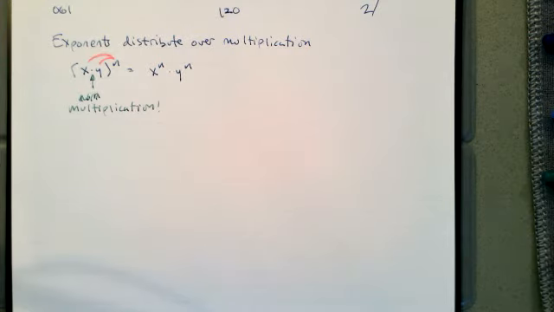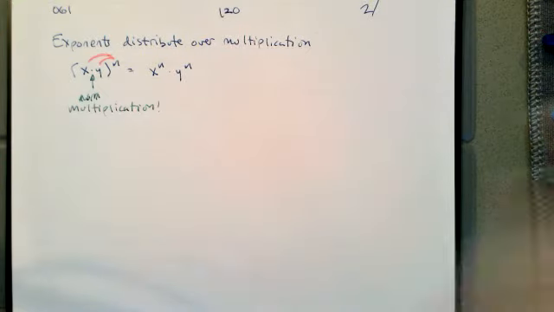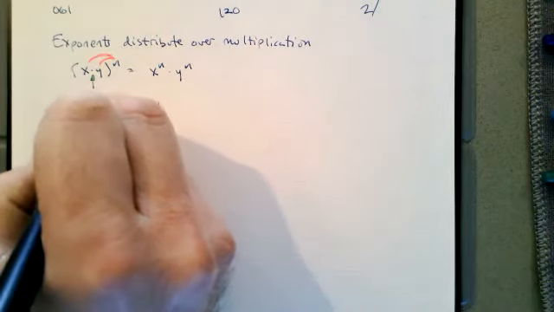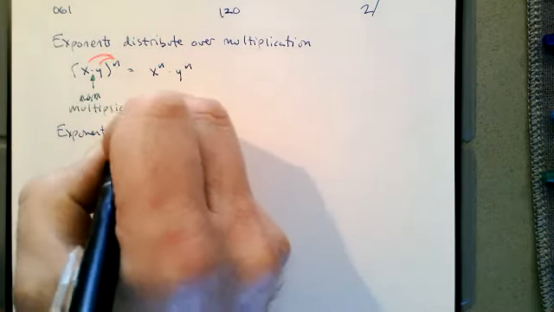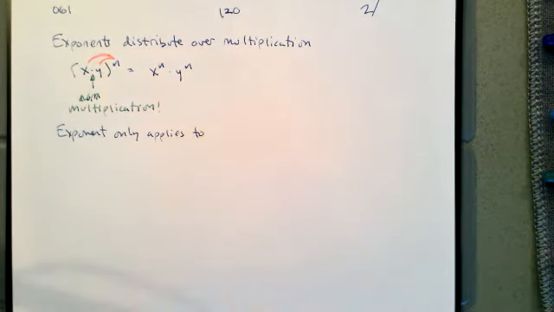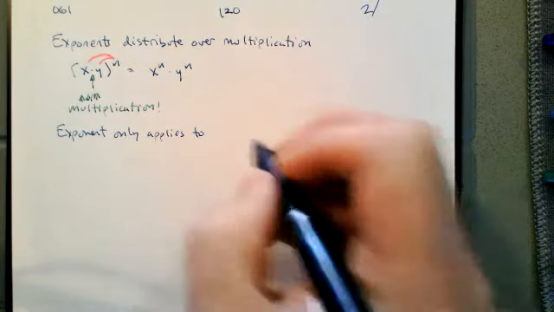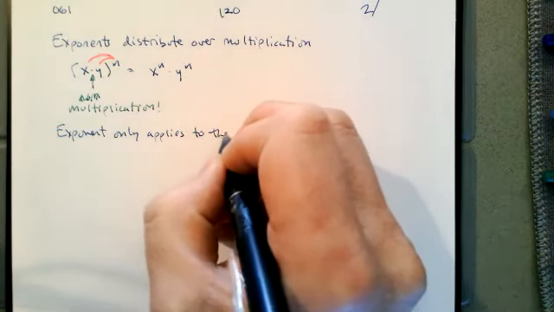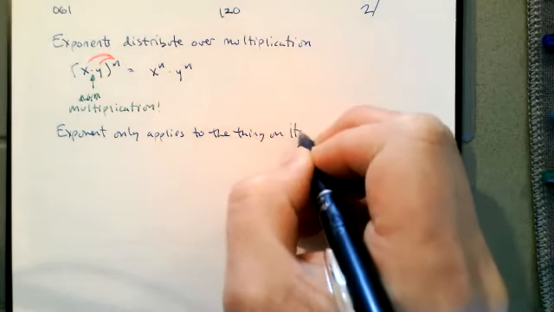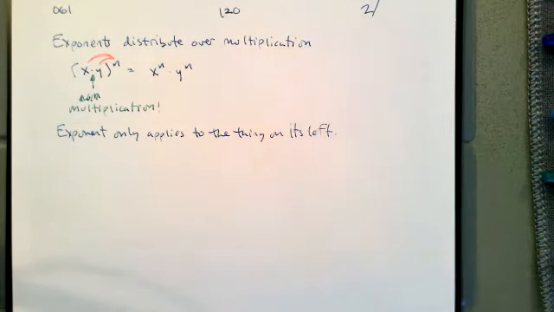Because the exponent only applies to what's right next to it, to whatever's right to the left, the thing on the left.